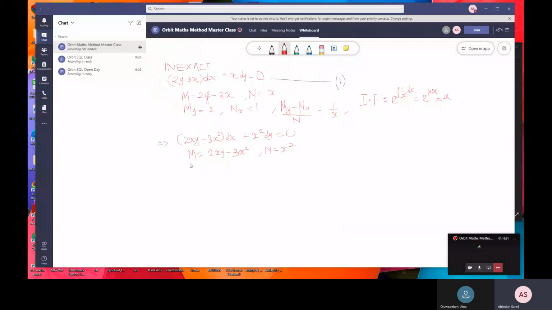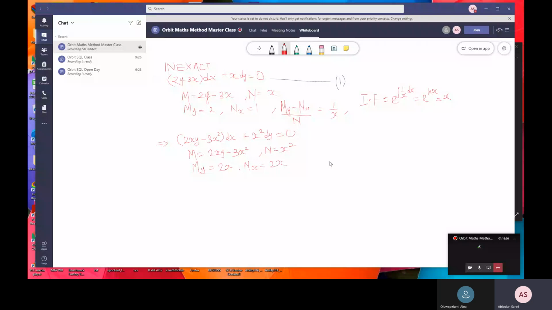Then I would differentiate M partially with respect to y so that I can have 2x. Then I would differentiate N partially with respect to x. So here I can also have 2x. In this case, you can see that M_y is equal to N_x. So the problem is now exact.